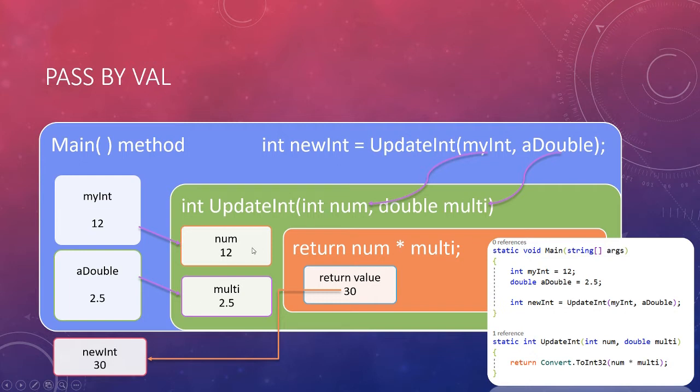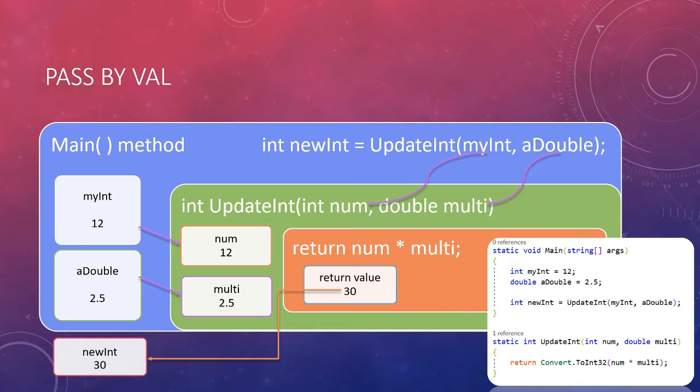So my num variable has a value of 12, and my multi variable has a value of 2.5. Now, if I look at my code here, all I'm doing in this update int method is returning a value, and that value is my num variable times my multi variable. So that would give me a value of 30, which is going to be returned back to my main method and will become the value within my new int variable.